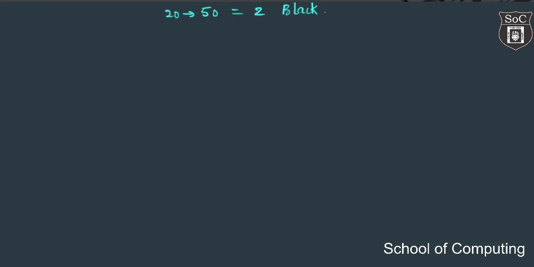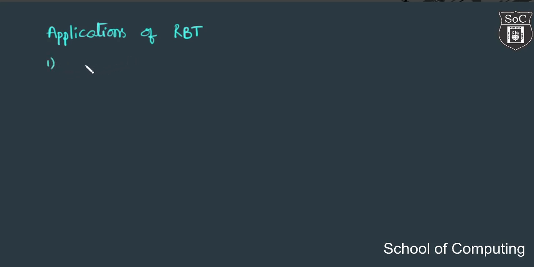So I hope you understood the process of constructing a red-black tree. Red-black tree has a lot of useful applications, so this is very, very important. Applications of RBT. Many real-time applications. For example, there's a very popular programming language, C++.